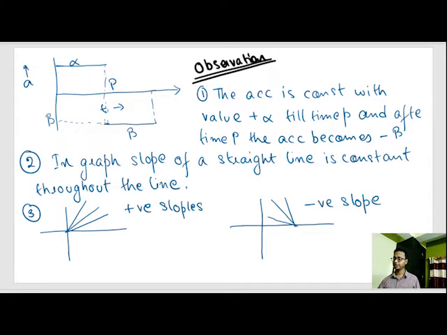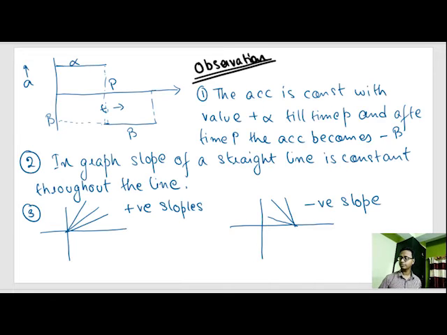For positive slope the graph is slanting to the right side, and for negative slope the graph is slanting to the left side. Okay. Now point number 4, that is in the question, at rest velocity is always equals to 0.